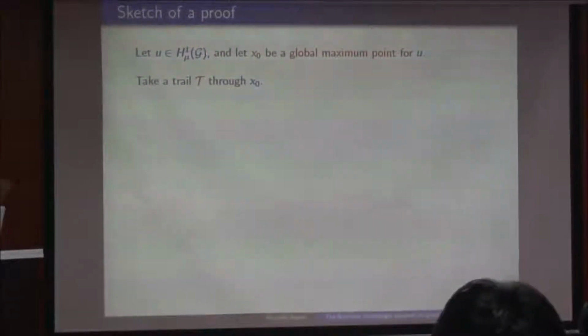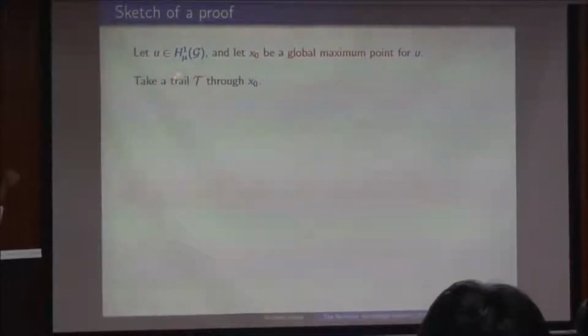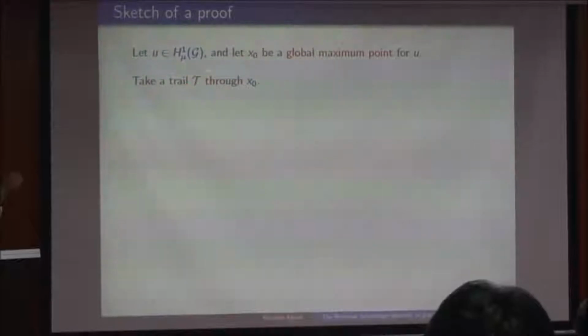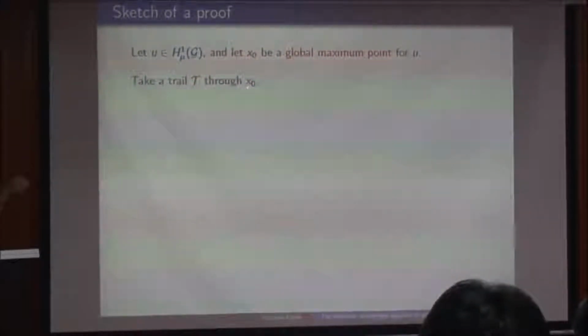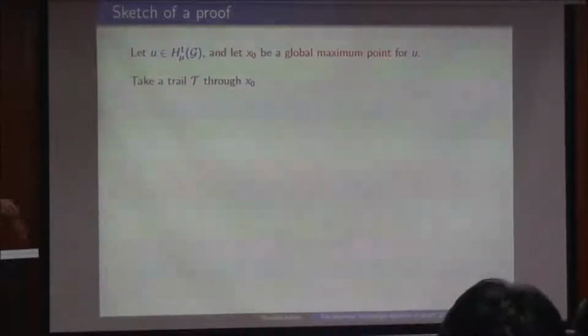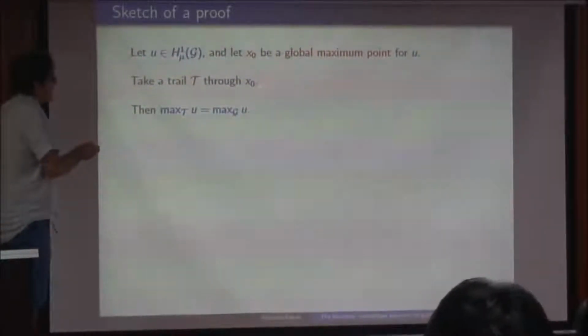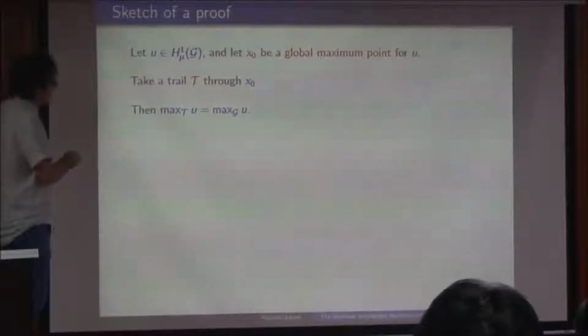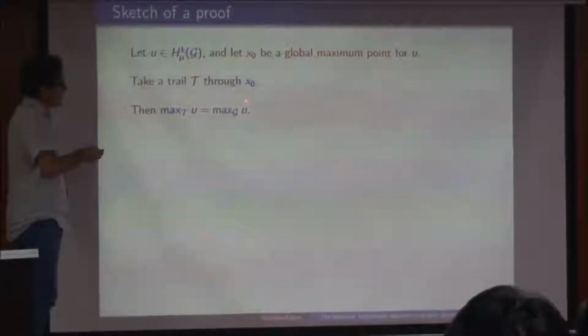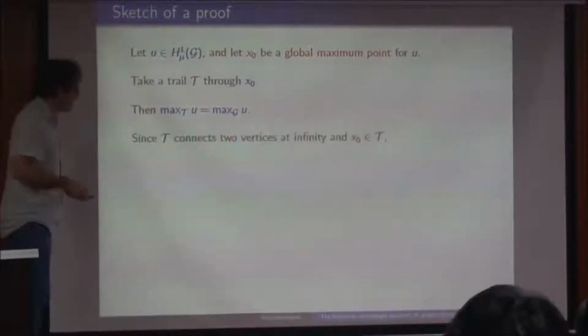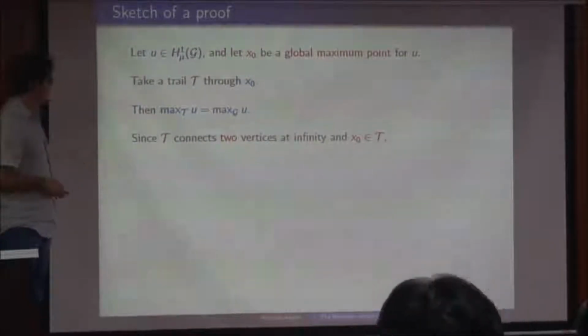If G fulfills the H hypothesis, then there must be a trail T passing through x0 and joining two different points at infinity. And since x0 is contained in the trail, the maximum on the trail is equal to the maximum on the graph. Of course, it's u of x0.